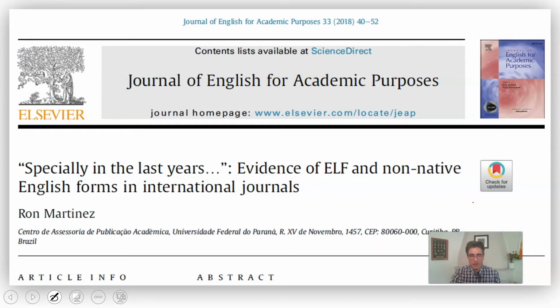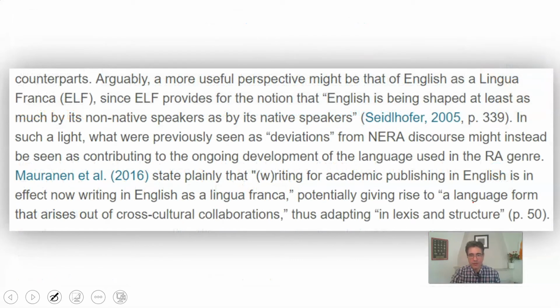However, this article that has been looked at and cited by others drew on other people's voices, and I want to draw attention to one particular weaving in of somebody else's words, a direct quote, but look how it happens. Arguably, I say right here, a more useful perspective might be that of English as a lingua franca, ELF, since ELF provides for the notion that, and so I start with, all of this here is me starting with a claim.